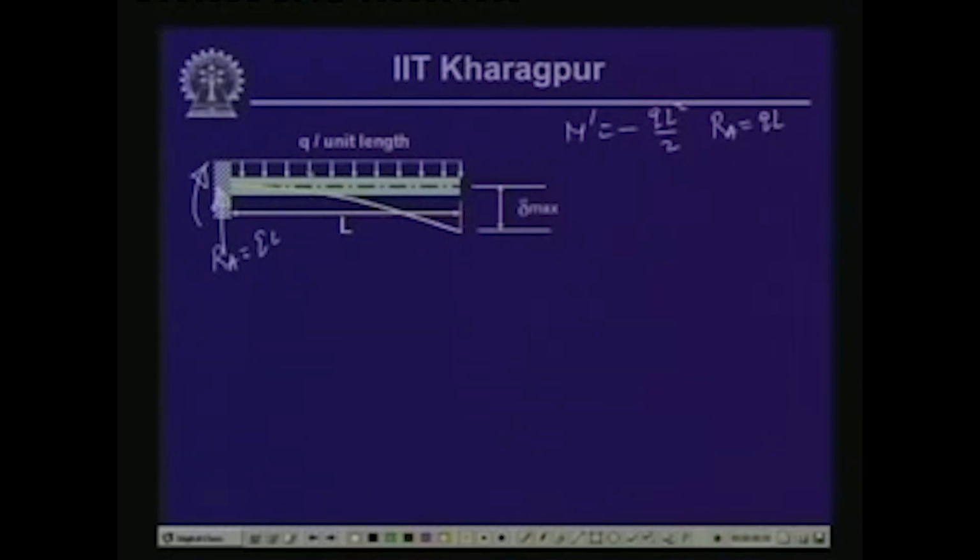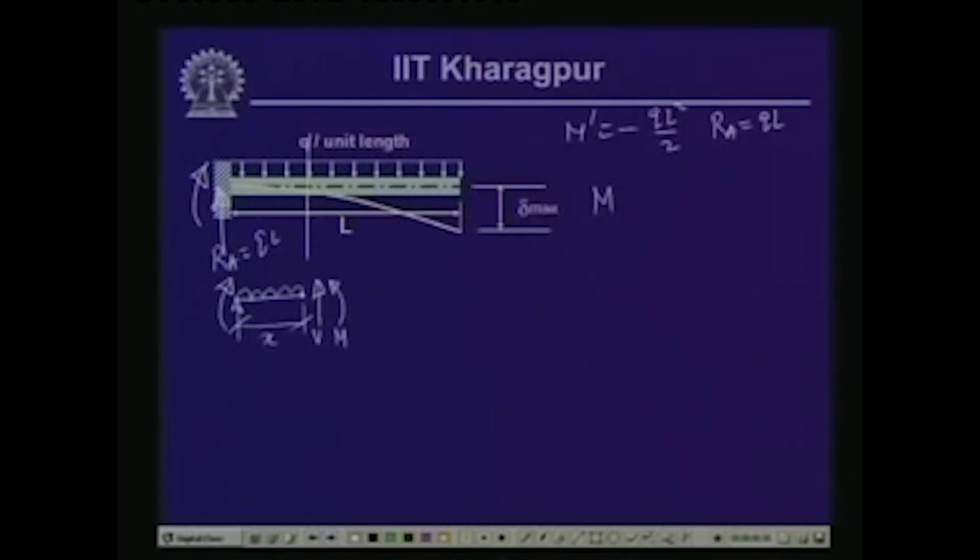Now, if I take a section here and take the free body of that part, here you have the reactive force, the moment, and the uniformly distributed load. This is at a distance of x, and on this cut section you have the equilibrating forces, the shear force V and the bending moment M. If we take the moment of all the forces with respect to this point at the cut section, then we have M in an anti-clockwise direction.